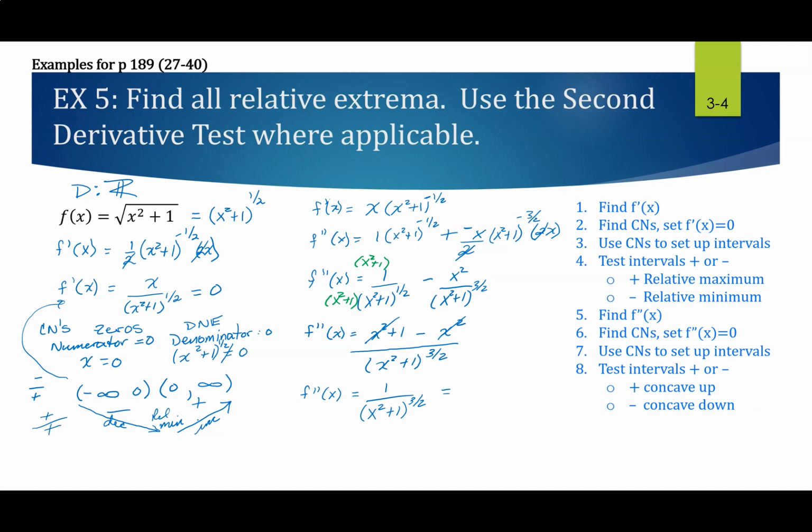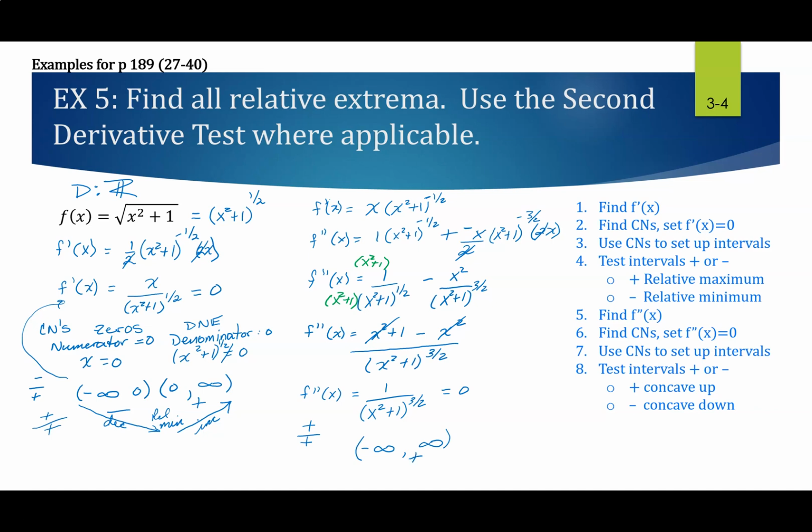So setting that equal to 0, I know my domain is negative infinity to infinity. The numerator doesn't have any x's now, and so that tells me that the numerator is always positive and the denominator is always positive. So I don't have any critical numbers because 1 doesn't equal 0.